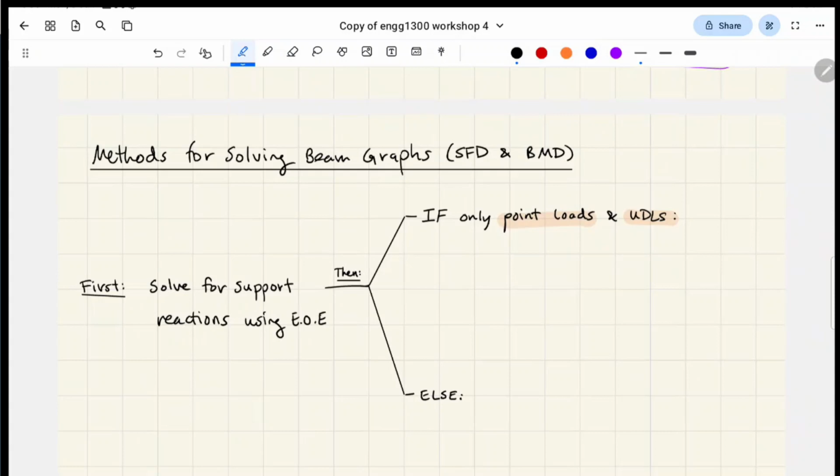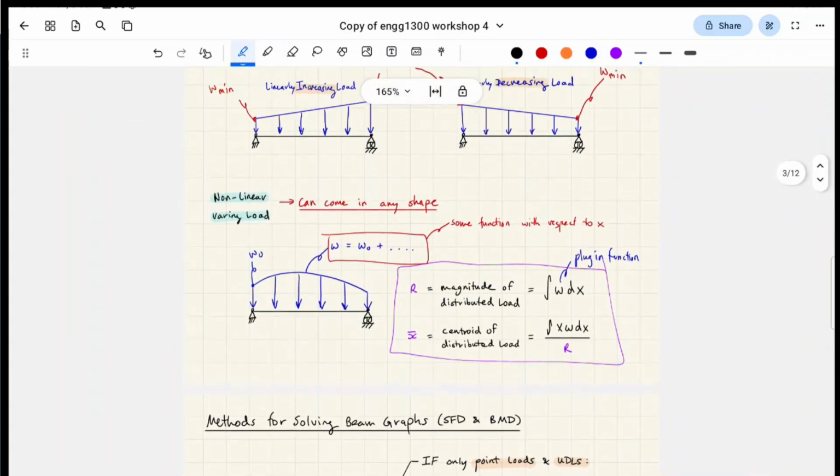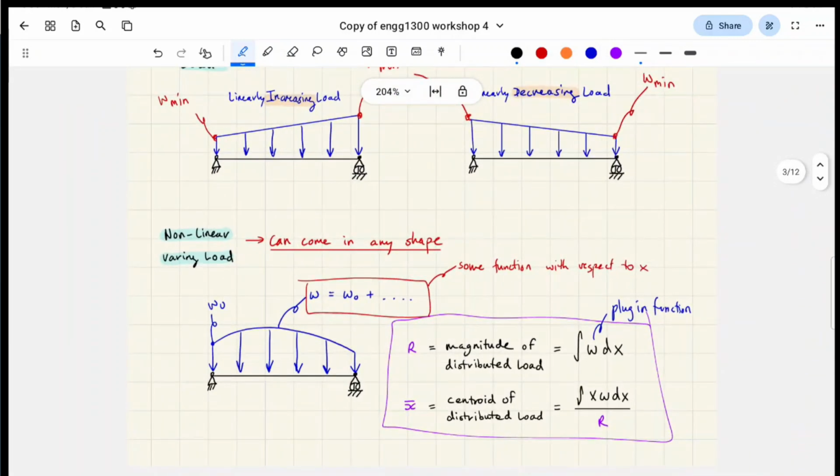What's W previous? Oh yeah, W just stands for any distributed load. Usually we use P to denote a point load, algebraically. And W is just to describe any distributed loads.